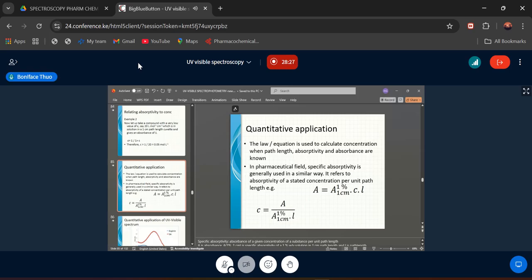By applying the specific absorptivity, we simply replace the molar absorptivity in that equation, and in the pharmaceutical field, we mainly use A1% 1 centimeter as the specific absorptivity, and this enables us to directly calculate the concentration in percentage terms in pharmacy.